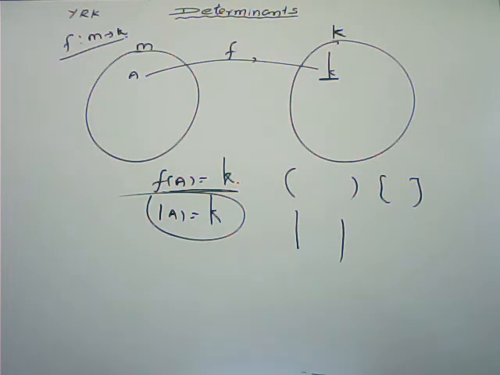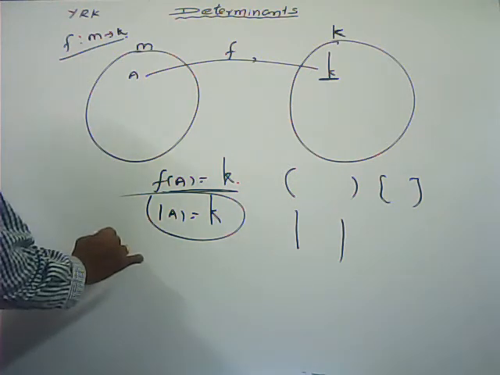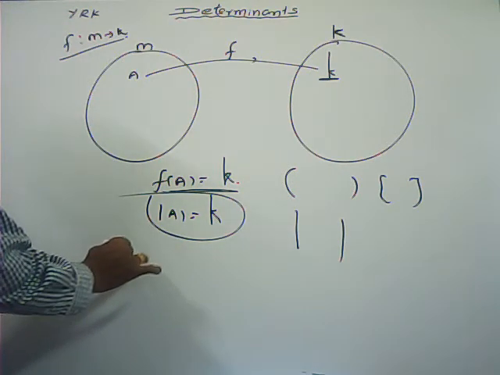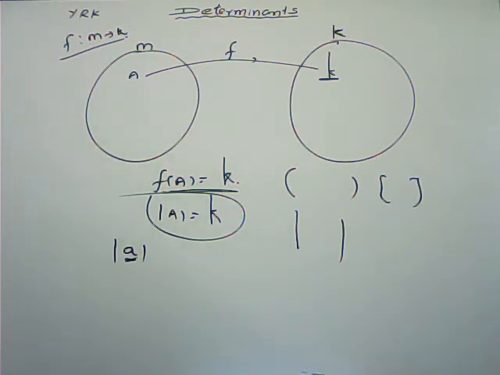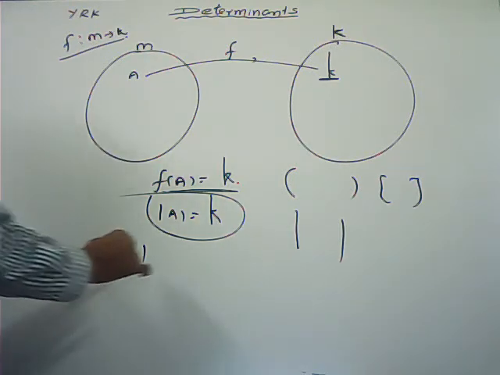Now, for example, here A is there. This is the 1 by 1 determinant, and for 1 by 1 you get A only.